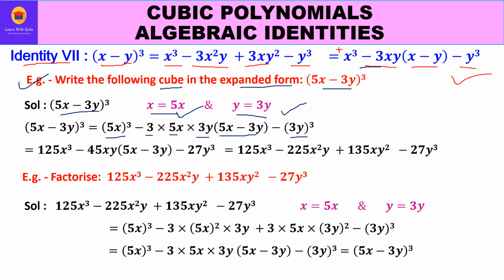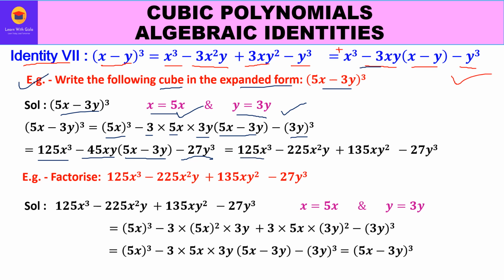Right, now you will write 5x whole cube is 125x cube. Now 3 into 5, 15, 15 into 3, 45xy. So minus 45xy(5x minus 3y), minus 27y cube, because 3 cube is 27, y cube. So everywhere it is minus. Now you open the bracket.